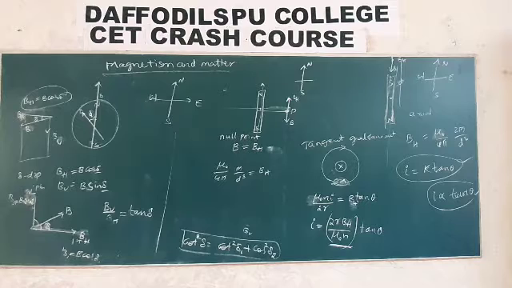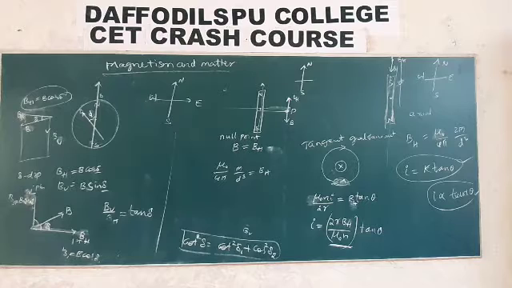What is the magnetic field on its axis? So B is equal to mu naught by 4 pi on the axial line, mu naught by 4 pi into 2m by d cube for a short bar magnet.